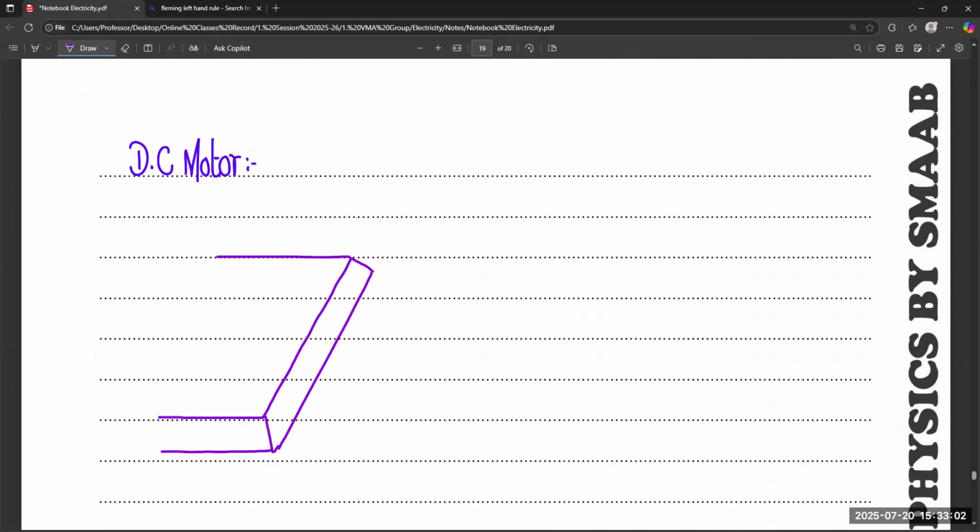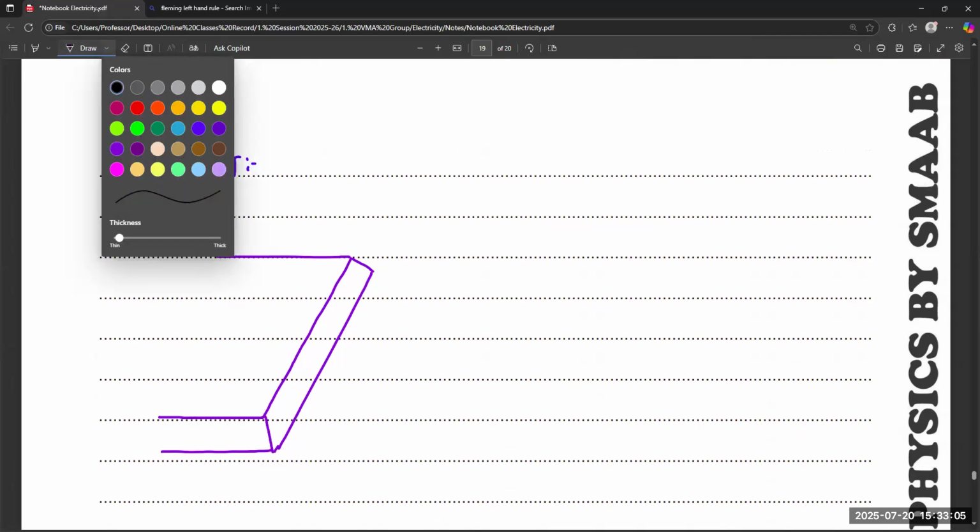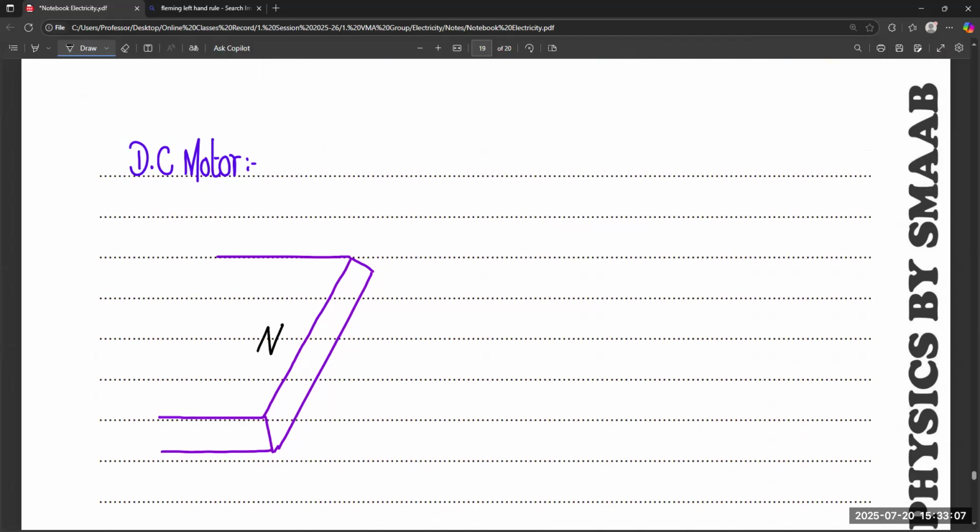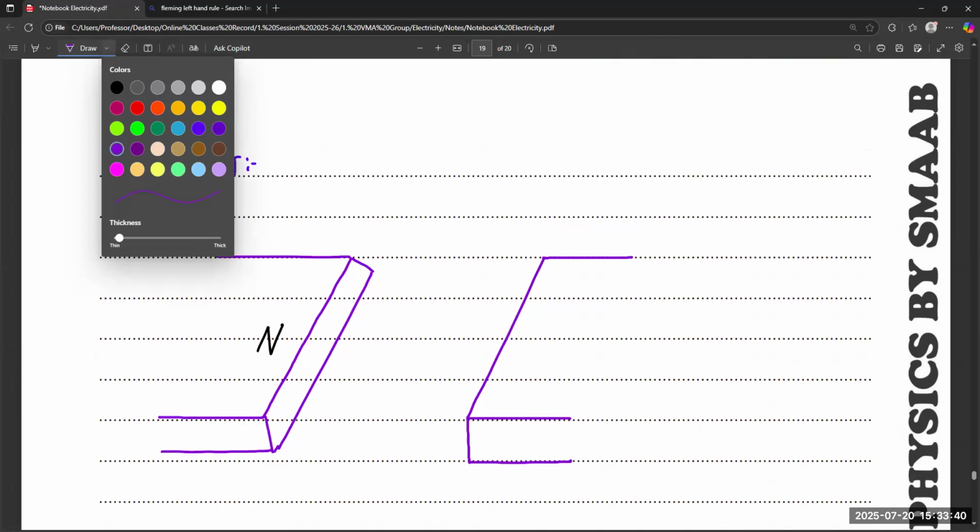So this is the north pole, and in the same way, we have the south pole in the opposite direction. So this is the south pole.